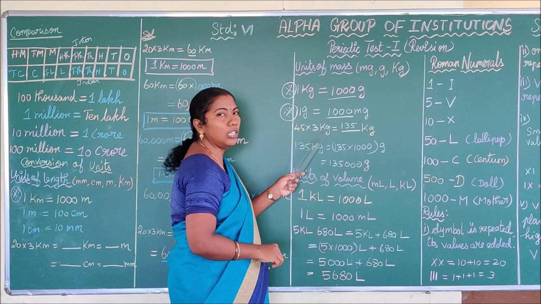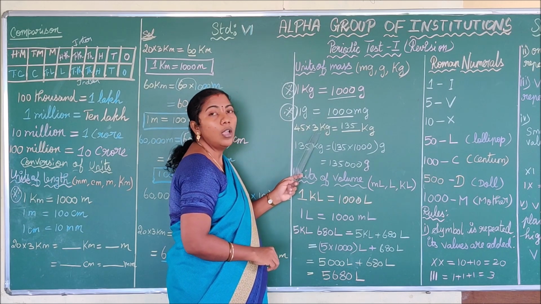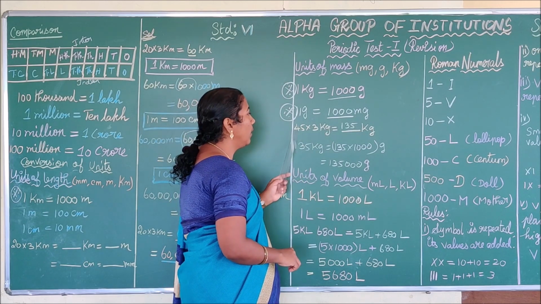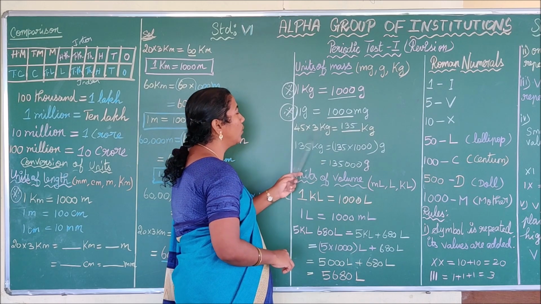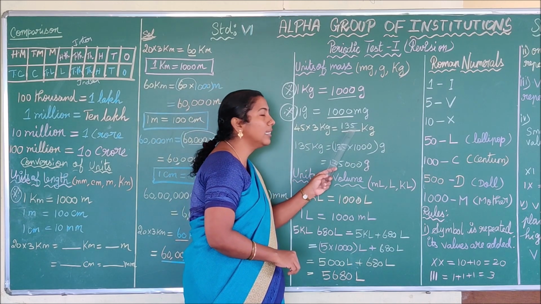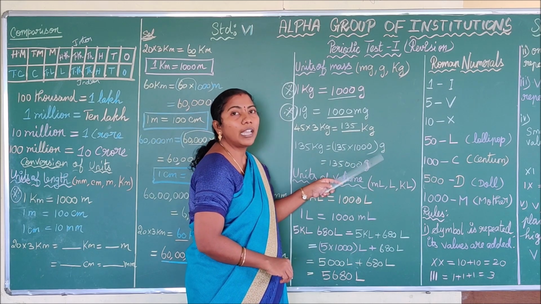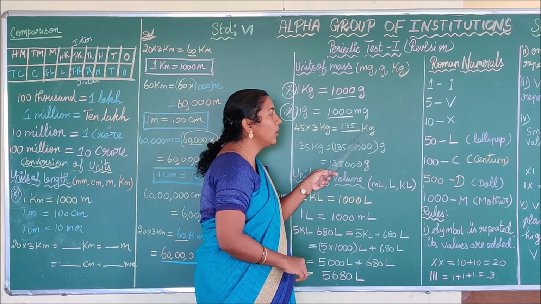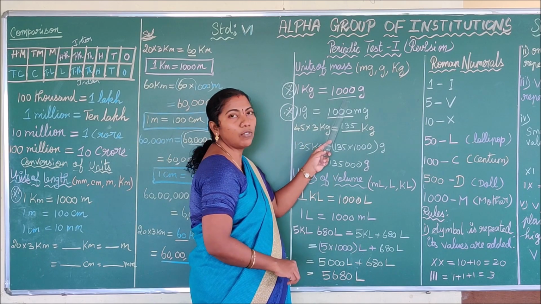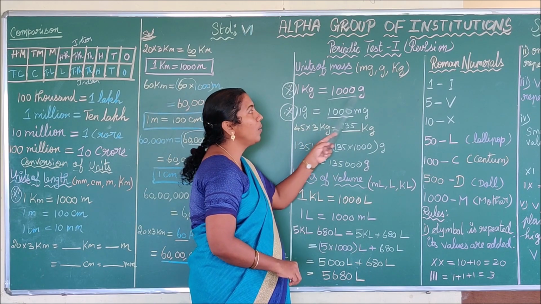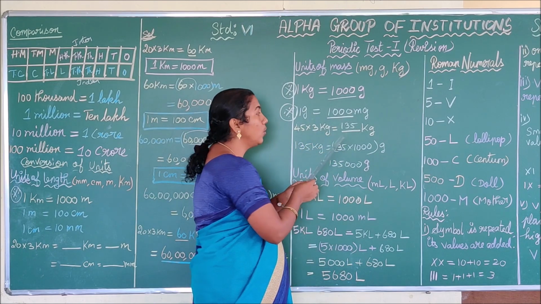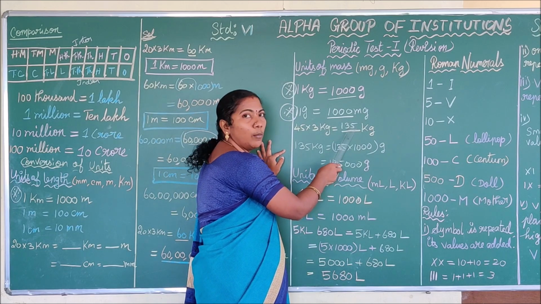Okay, see one small example here. 4 and 3 by 5 kg. Here we have to convert this into gram first. First we have to multiply this. 5 3s are 15, numerator 1, 4 3s are 12 plus 1, 13. So 135 by 5 kilogram. Next we have to convert it into gram. In order to convert kilogram into gram, we need this formula. 1 kilogram equal to how many gram? 1000 grams. So we have to multiply this value by 1000.